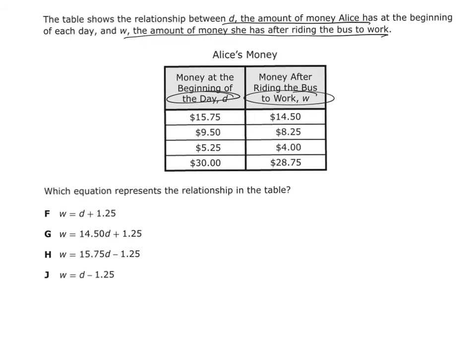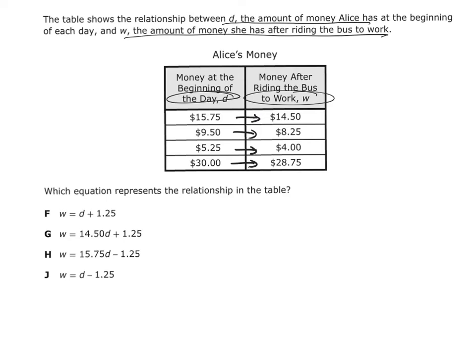The first thing I would do is look at what is happening from the left side of the table to the right side of the table. The first thing I notice is it's not going up, it's going down. So you should automatically be able to eliminate two possible choices that show it going up.